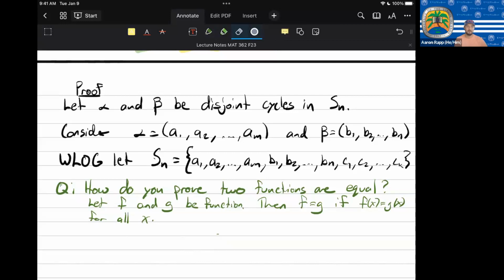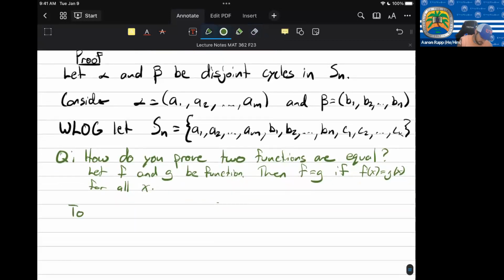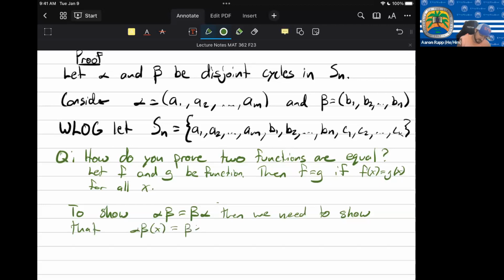So when I'm going through and I want to show that alpha beta is the same thing as beta alpha, then we need to show that alpha beta of some input is the same thing as beta alpha of that same input, for every element in my group.